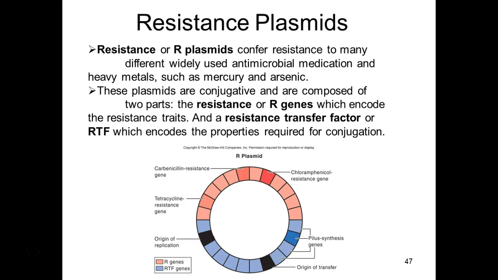In the case of this picture here, this plasmid actually has resistance to 3 different antibiotics: a penicillin derivative, tetracycline, and chloramphenicol. Notice the information on how to make the sex papillus is here too. So this plasmid is very easily transferred from one cell to another, because in addition, on this plasmid is how to make the sex papillus. So if they've got it, they can give it to all their friends via conjugation.